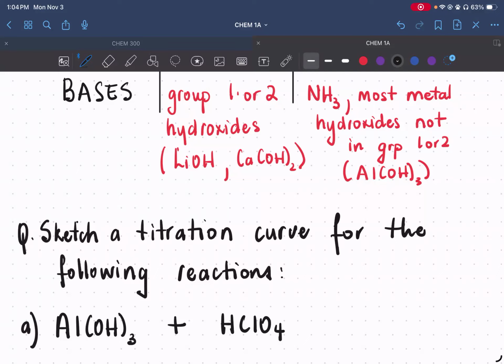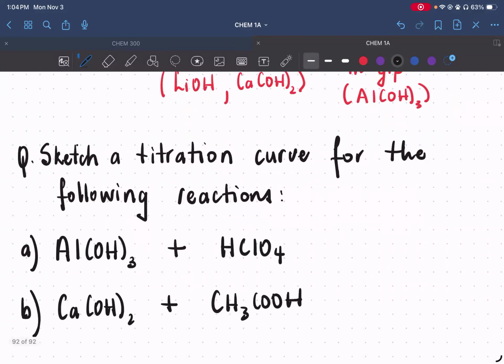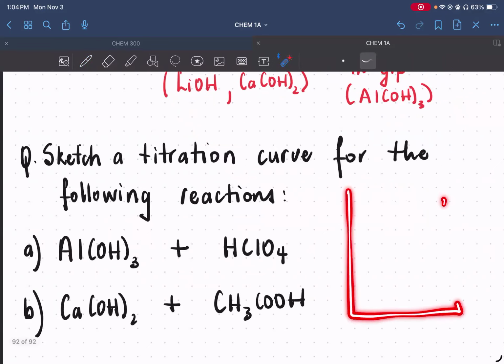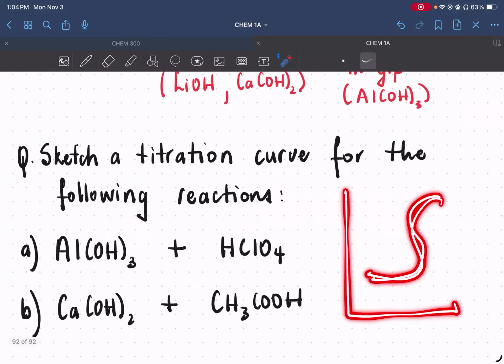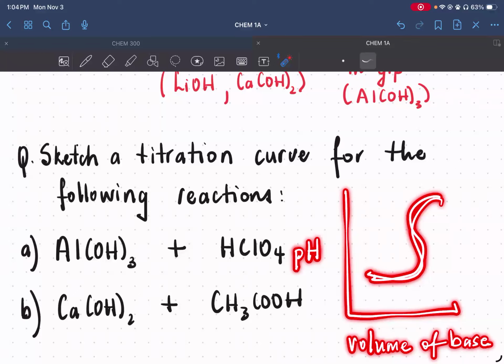So to sketch a titration curve, fundamentally, we understand that it's going to take an S-shaped curve. We know that the y-axis is going to be pH. We know that the x-axis is going to be volume of base. These are all pieces we know already. What we need to figure out is exactly where on the scale this acid and base will be.